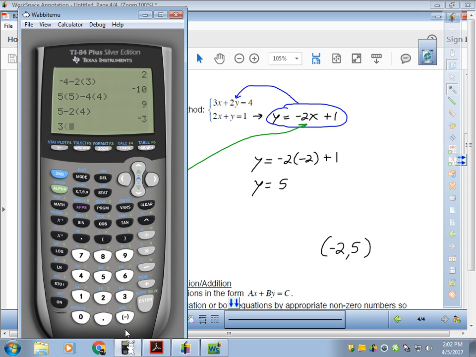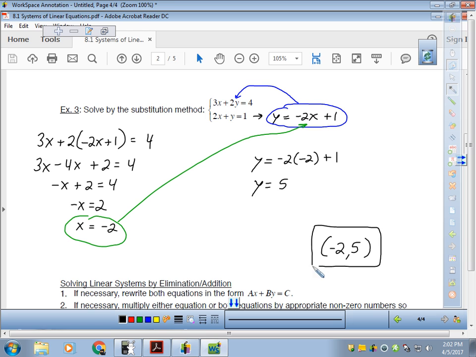So 3 times negative 2 plus 2 times 5 gives me 4, which matches up with what we have here. And then 2 times negative 2 plus 5 gives me 1, which matches up with what we have there. So it did work in both equations, so we know that that is a good solution to the system. Okay. So that's how substitution works.